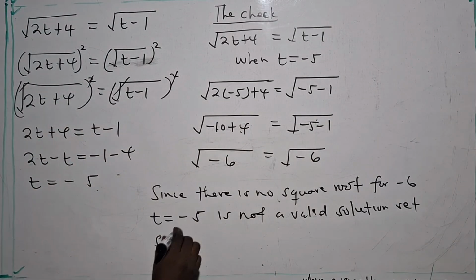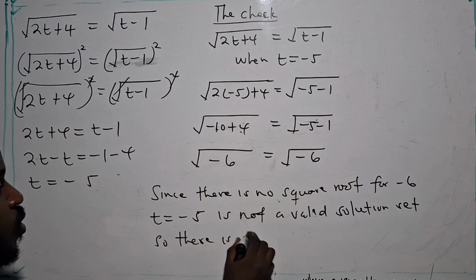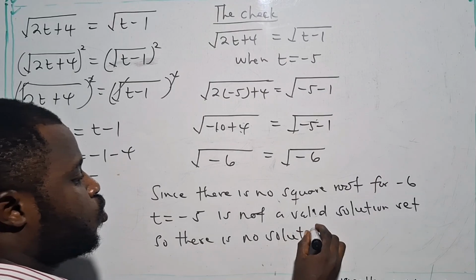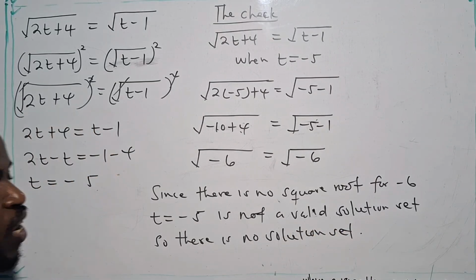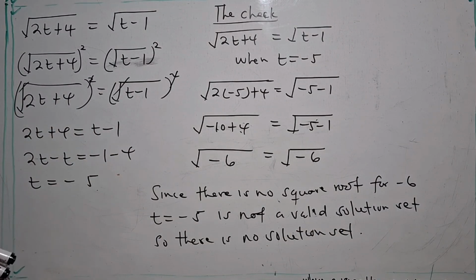So there is no solution set. The other one, we got a solution set because with a cube root, you can find the cube root of a negative number. Yes, the cube root of a negative number. So this is how you solve this question. So when this comes for your marks, you will not get the full mark for that. So you need to understand whatever you are doing.